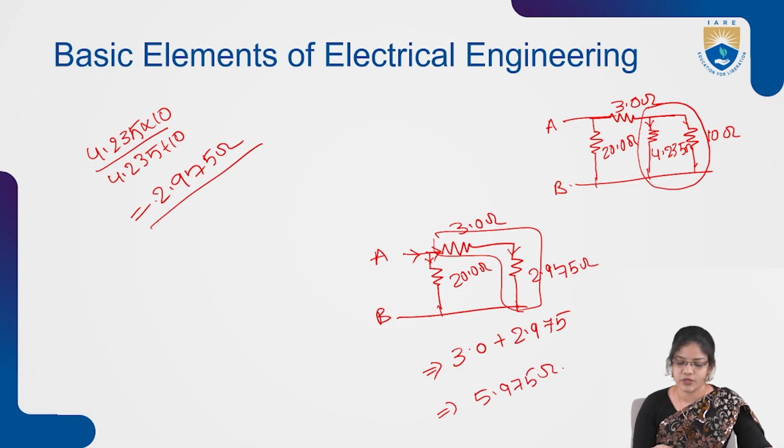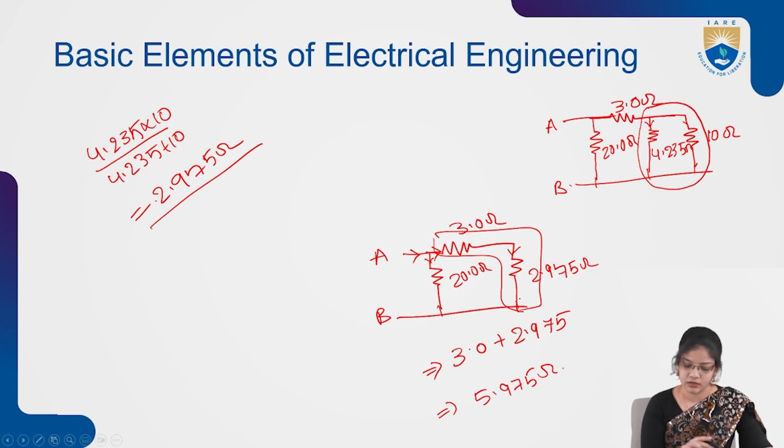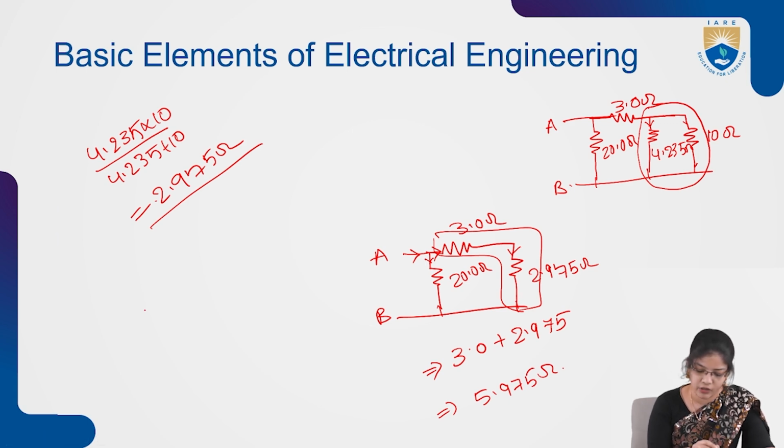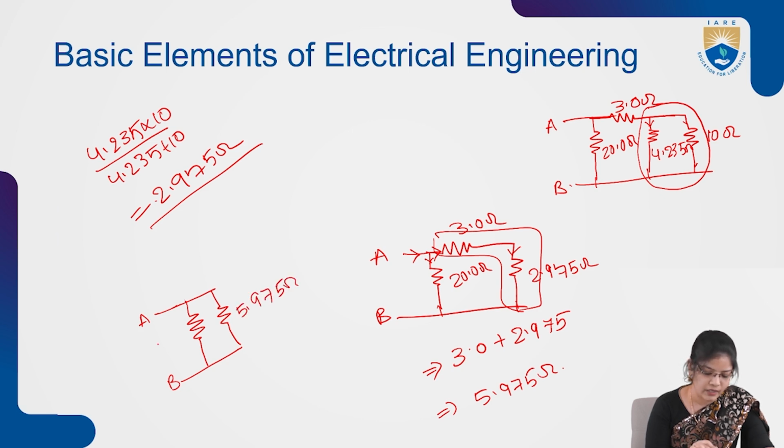After reducing this network, the reduced network can be redrawn in this way. This 20 ohms resistance will be as it is, and the reduced resistance will be 5.975 ohms, and this one is 20.0 ohms.